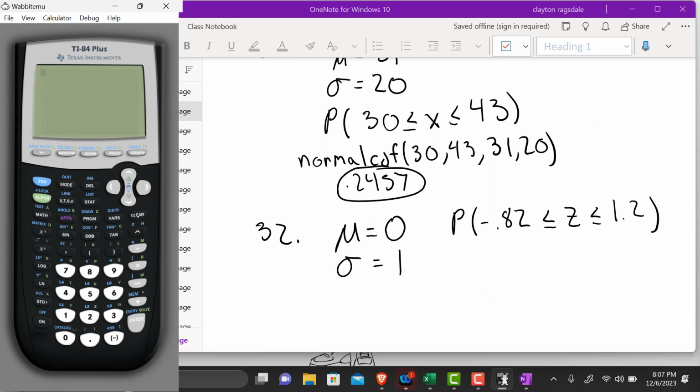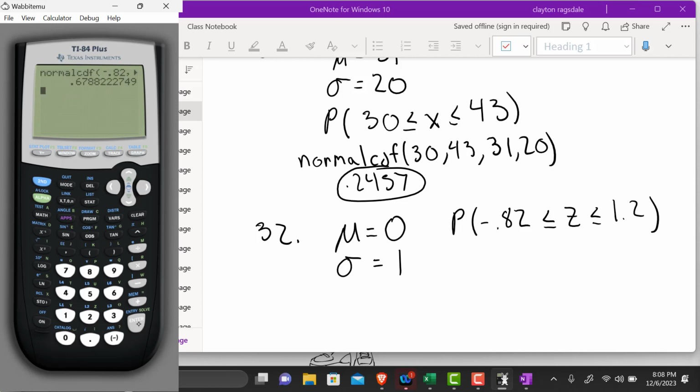Let's go ahead and clear. Second vars, normal CDF. We have between 2 spaces, so in this case we have negative 0.82. We have 1.2. Nope, sorry. Clear that. Mu is 0. Standard deviation is 1.